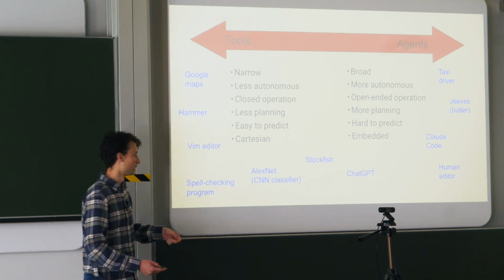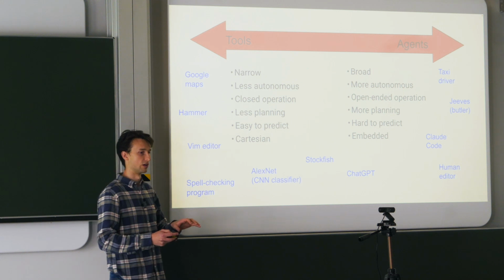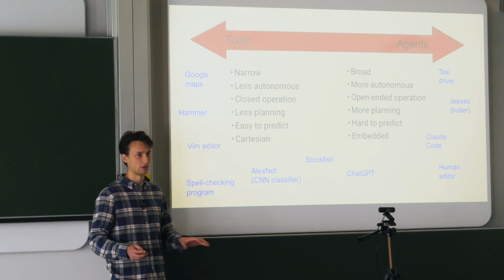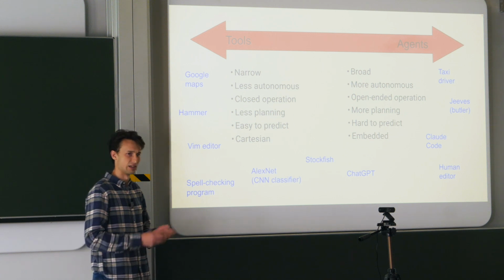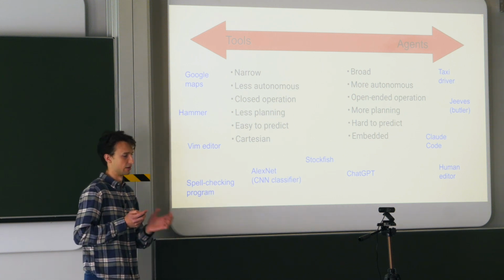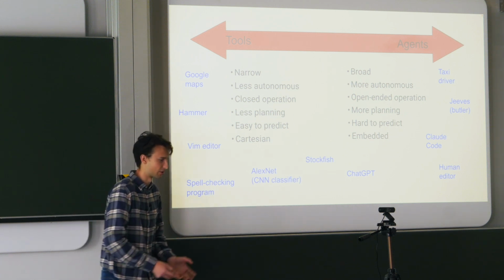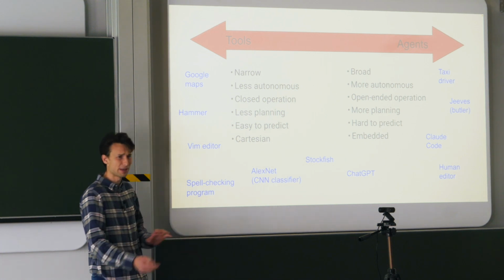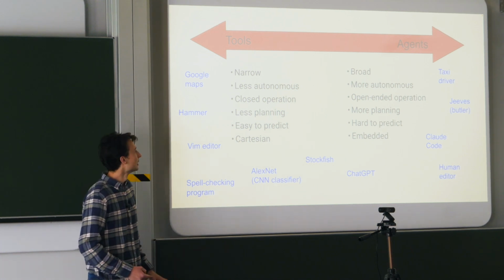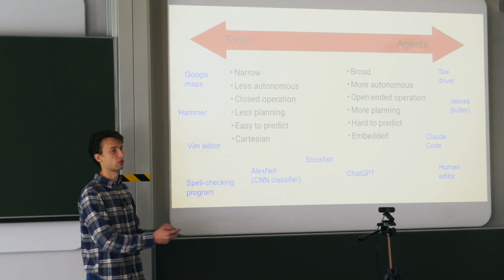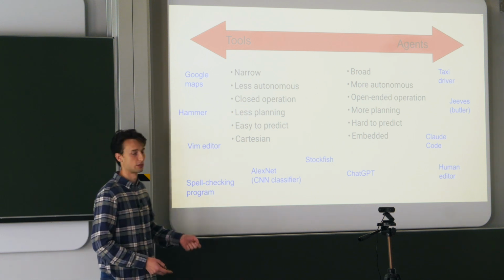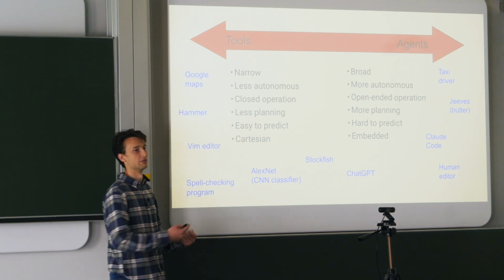Maybe ChatGPT is very powerful and can answer a massive range of questions in a chat setting, but it can't really take actions. And again, it's constrained to this chat system. So it feels a little bit like a tool, but it's a bit like an agent. It's not really clear. But hopefully, even though this is quite a fuzzy definition, the concepts are going to be useful in reasoning about systems.